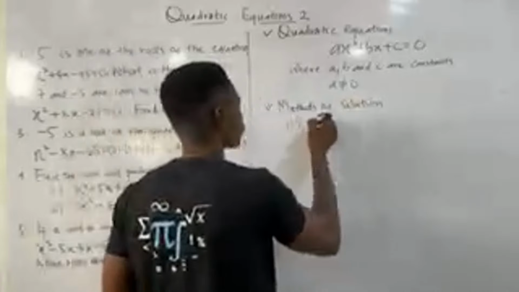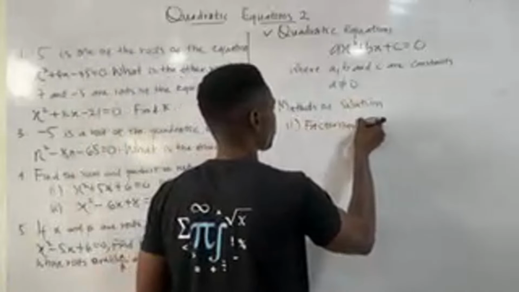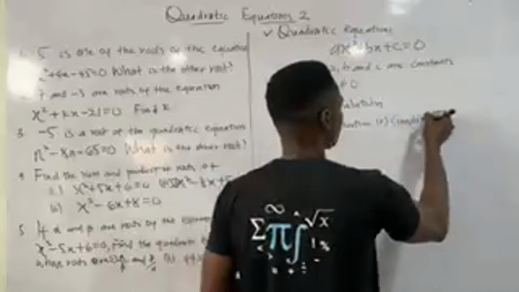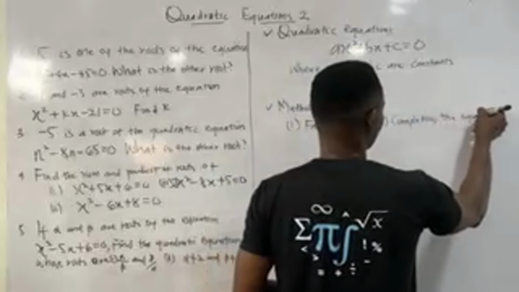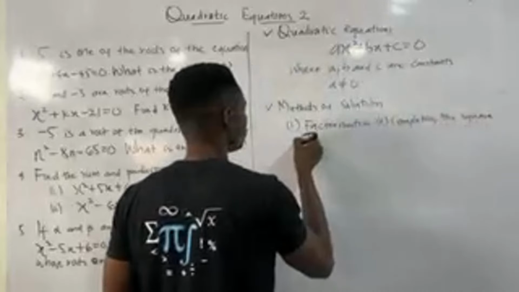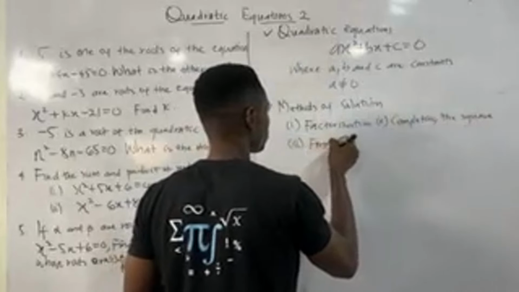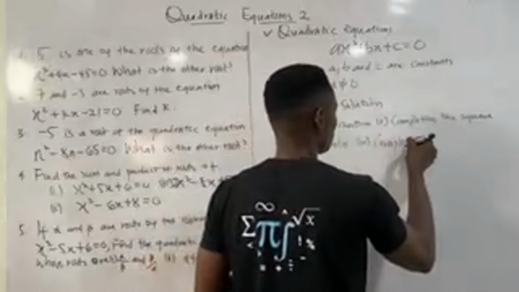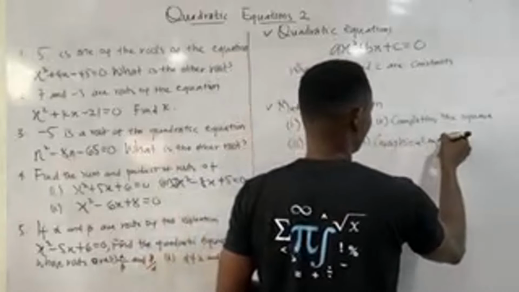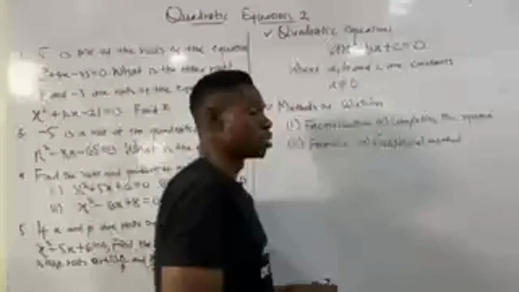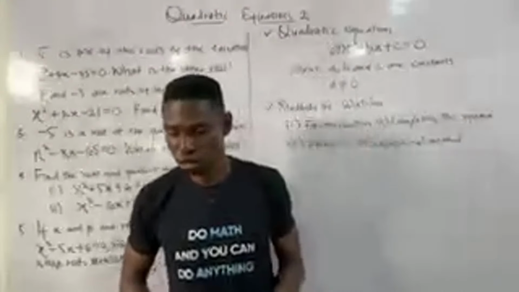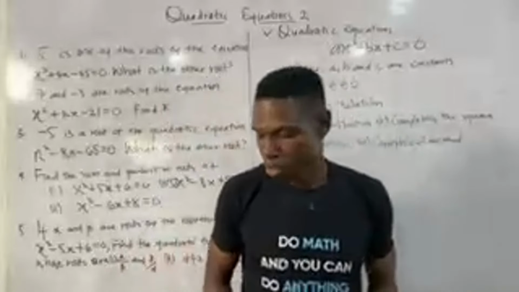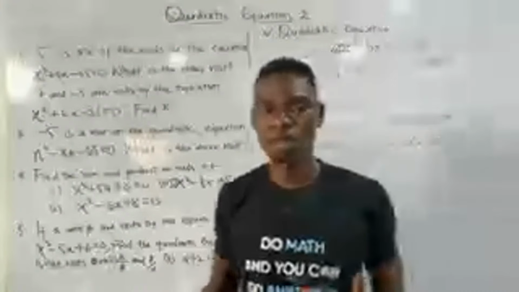We can use factorization, completing the square, the formula, and we can use graphs. These are 4 ways that we can solve quadratic equations. The next thing will be, how do we form a quadratic equation?